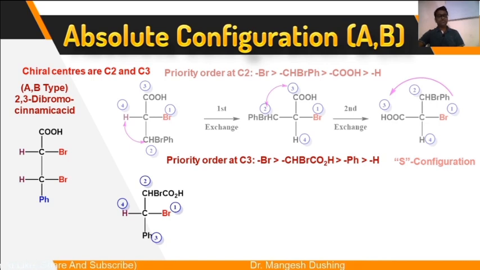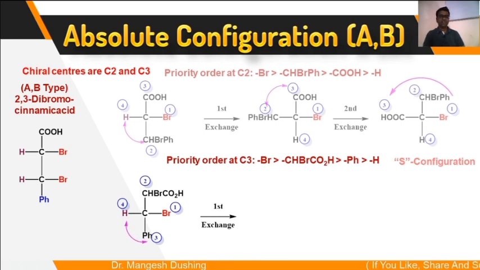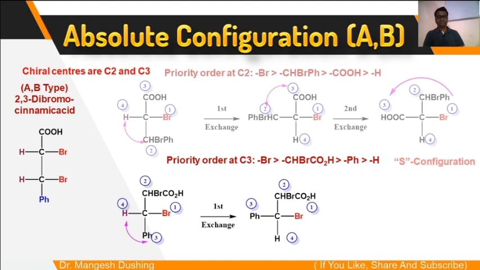Then you have to do the 2 interchanges. So first interchange is to make the fourth priority group at the bottom. At the bottom there is a third priority group. So there will be the exchange between third and fourth. Remaining priority groups like 1 and 2 remain as they are. So you will get this compound.